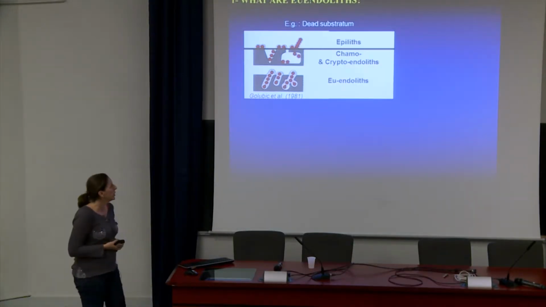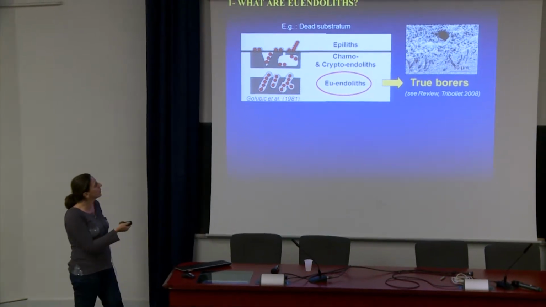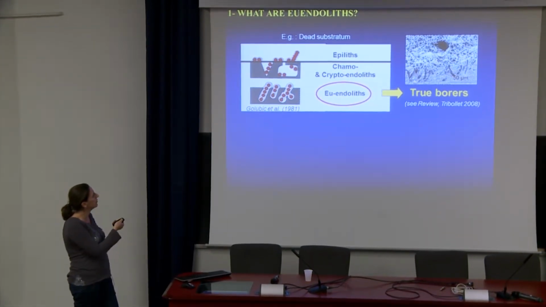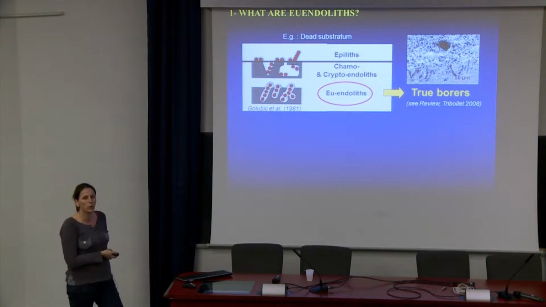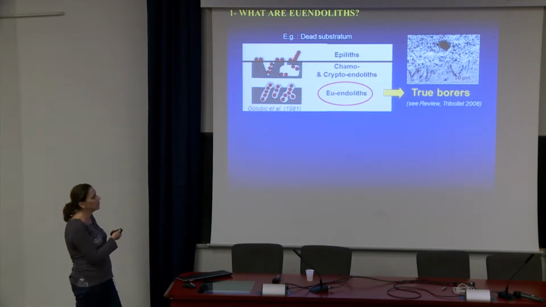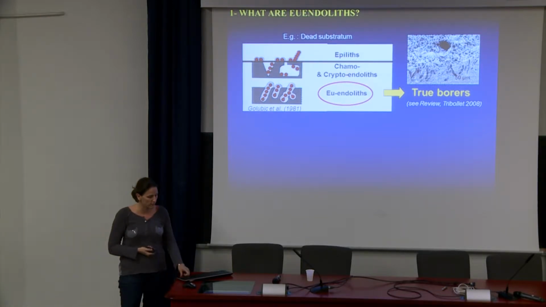So first, what are the euendoliths? They are actually the true borers, which penetrate actively into substrates and leave specific galleries, in comparison to chasmo- and cryptoendolithic microorganisms, which take advantage of the natural porosity in substrates, and in comparison to epiphytic organisms growing at the surface of substrates.